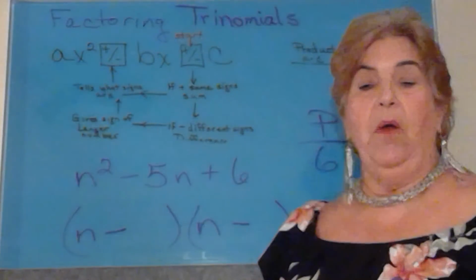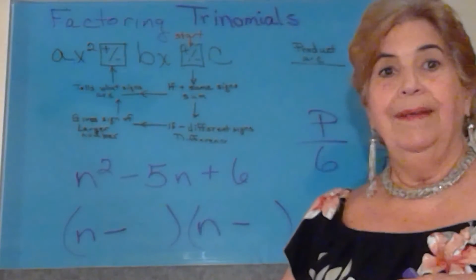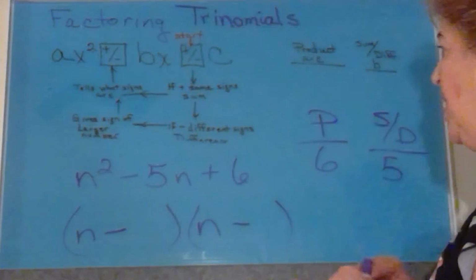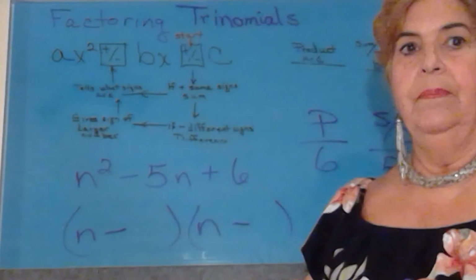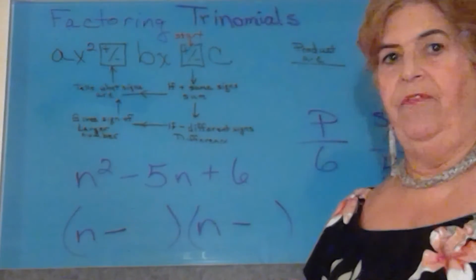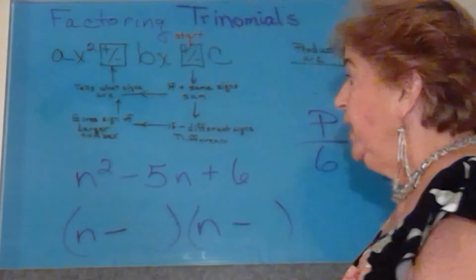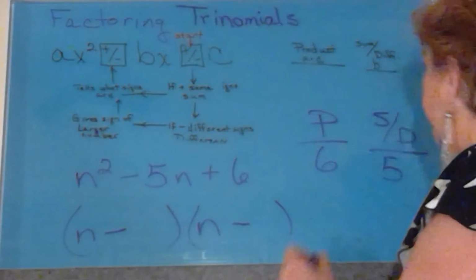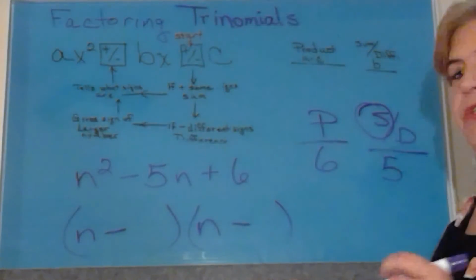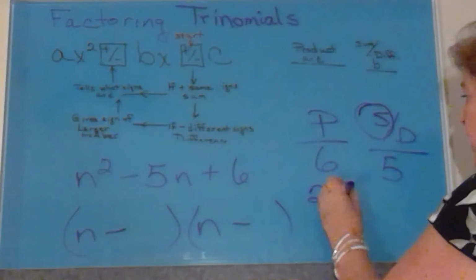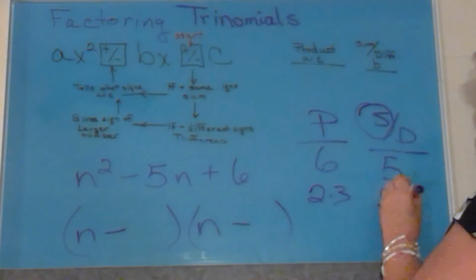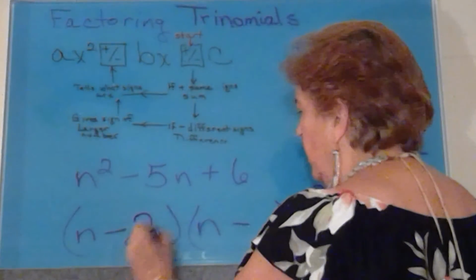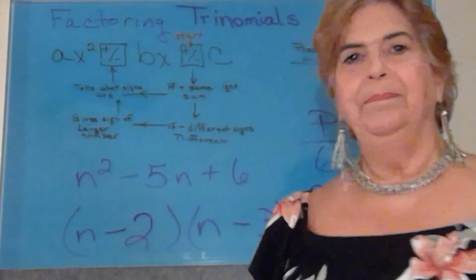But I also know that 2 times 3 is 6, and that gives me a sum of 5. Difference of 5 or sum of 5. It's really important. This tells me I'm looking for a sum. So 2 times 3 is going to give me the sum of 5. So I have a 2 here and a 3 here.